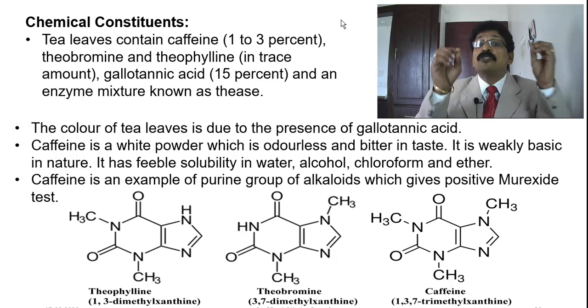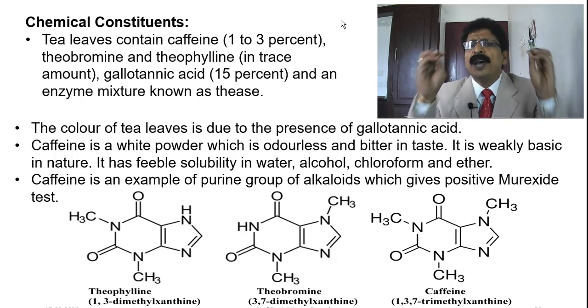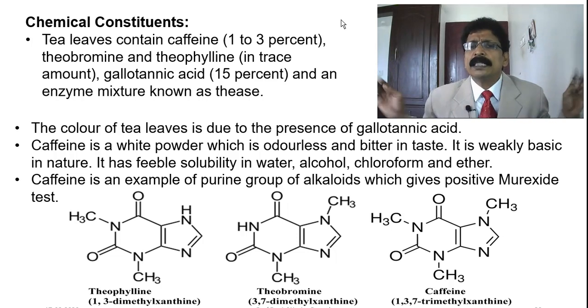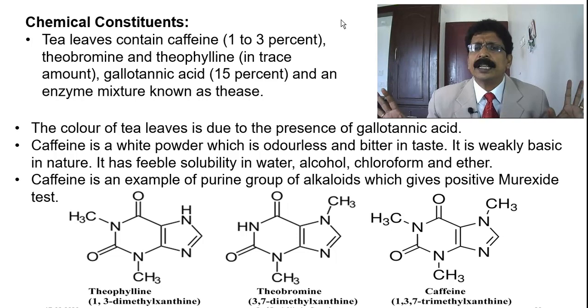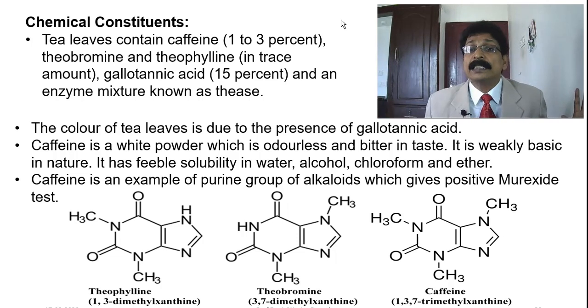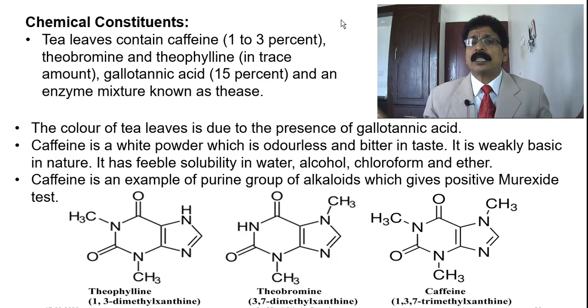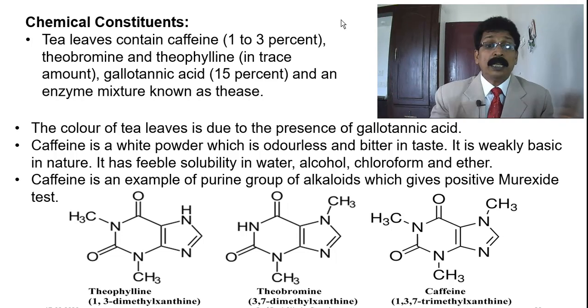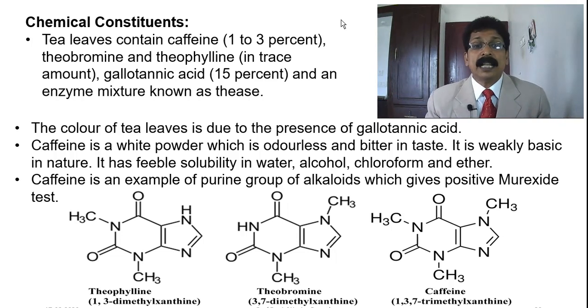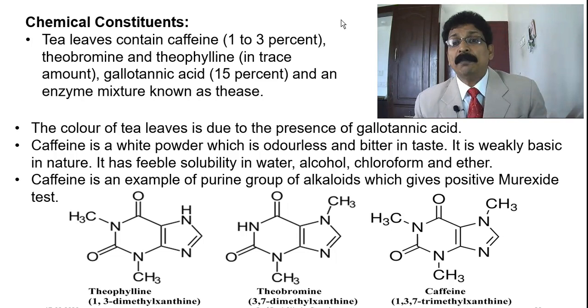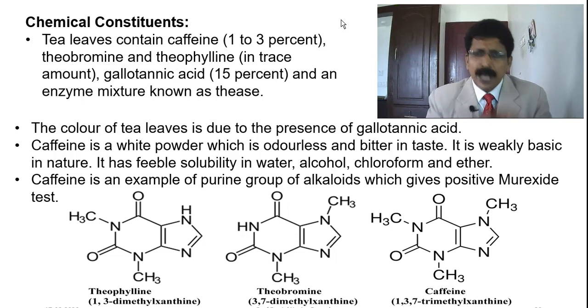So you should know where the substitution is present, and you can draw the structure clearly and explain that it is a purine derivative alkaloid formed as a xanthine derivative. 1,3-dimethyl xanthine is theophylline, 1,7-dimethyl xanthine is theobromine, and 1,3,7-trimethyl xanthine is caffeine. Very simple to remember. Understand?